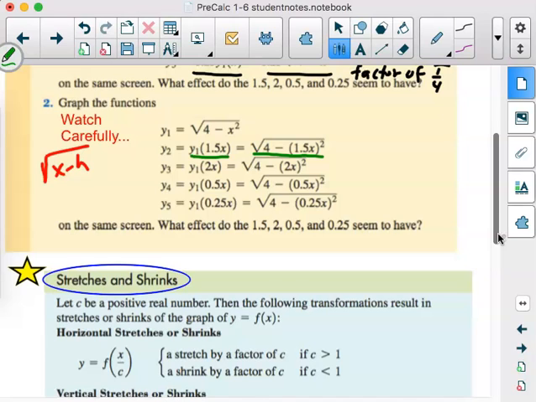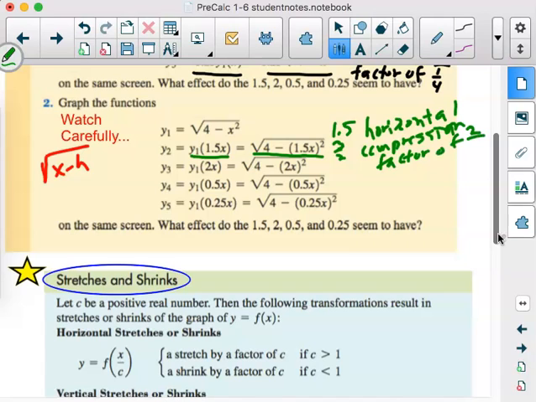So if I have this 1.5 in front of the x, I think of that as a 3/2, and I realize, oh, well, what they really did was they divided this by 2/3. And that means this would actually be a horizontal compression factor of 2/3. So you have to think of it as we're multiplying by something that actually came from division by the reciprocal.